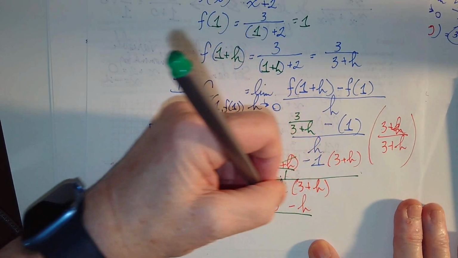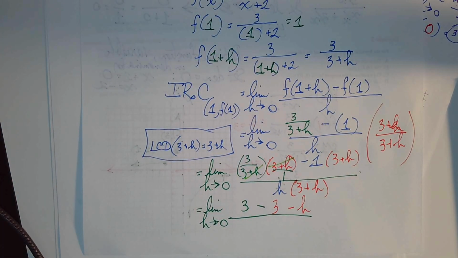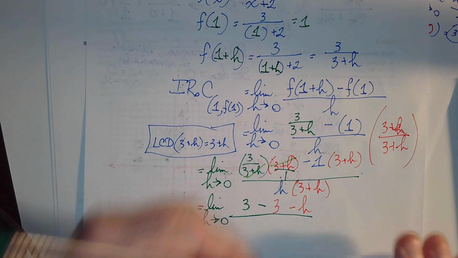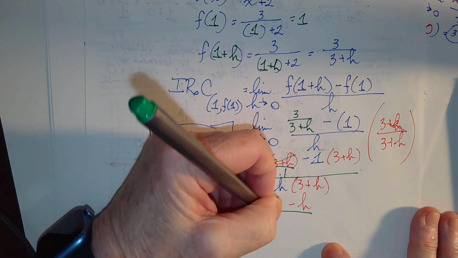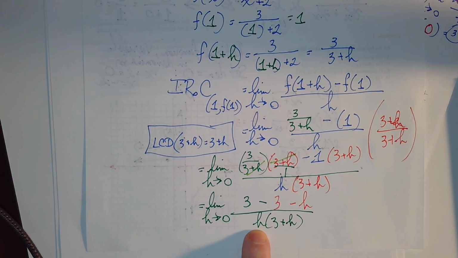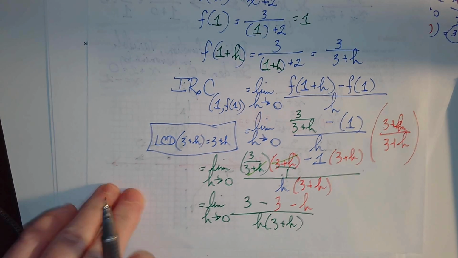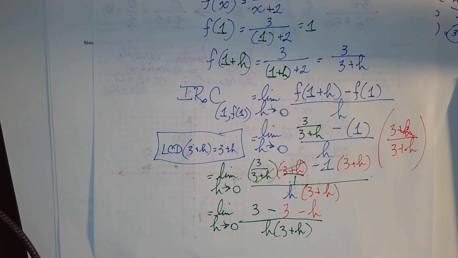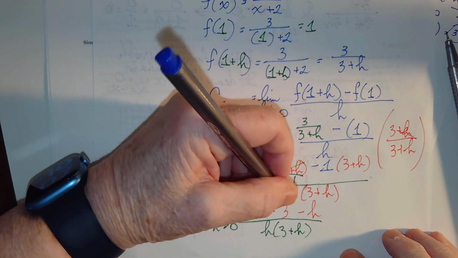All divided by, we do not want to distribute terms in any denominators, almost ever, because we want this factor of h to be available to be divided out. Well, check it out. 3 minus 3 in the numerator, that's wonderful.